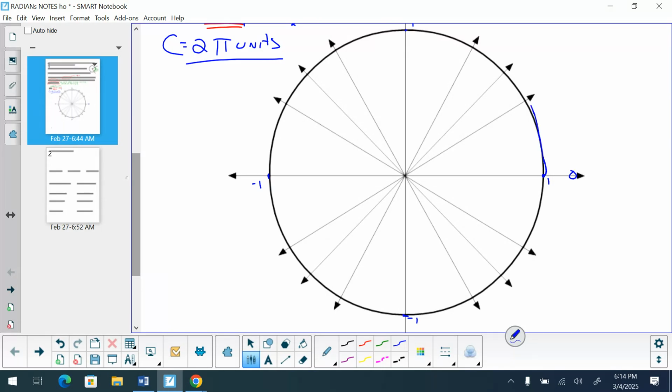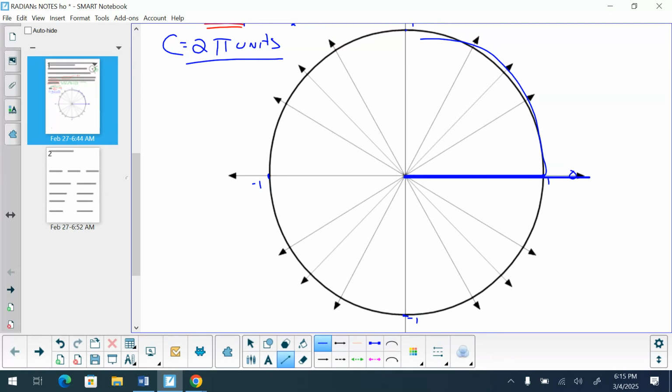So if we start here, and we have our initial or terminal side of our angle, and if I would rotate this angle all the way around the circle, well, what we've learned up till now is this is 360 degrees.